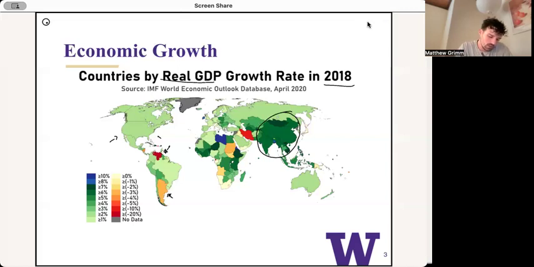The United States, as a good example, or maybe all of Europe, settles down to somewhere between like 1 to 4-ish%. Usually we think a good growth rate for the United States is around 2 to 3%. And again, this is real GDP.